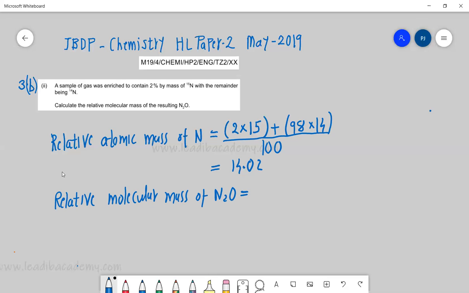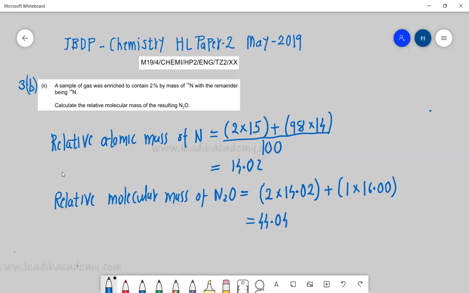In case of N2O, there are two nitrogens and individually the nitrogen's relative atomic mass is 14.02, and then there is one oxygen. We'll refer to the data booklet, and we are aware that it is 16.00. That's all. So it works out to be 44.04.